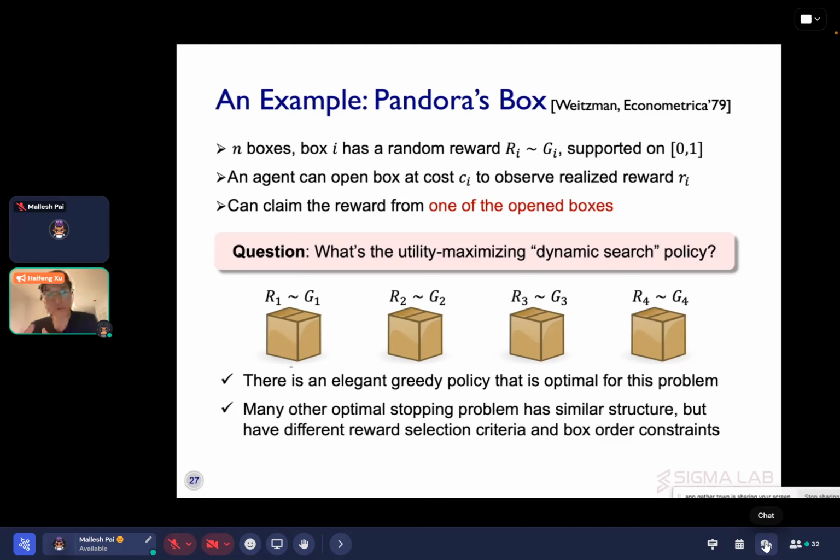And I just want to mention, this is just one example of optimal stopping. There are many other optimal stopping problems. I think one of the most famous ones you have probably heard about is the secretary problem, another variant of the optimal stopping problem. It has a similar flavor to this Pandora box, but you have a different reward selection criterion, and also typically a different constraint on the order of opening the boxes.